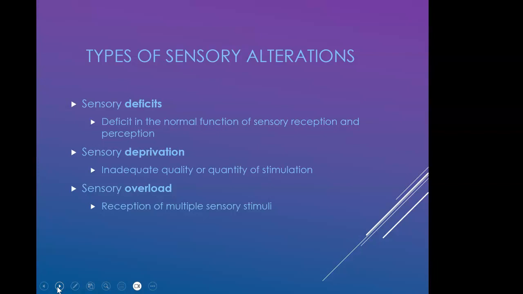So many factors influence the capacity to receive or perceive sensation. That includes developmental stage, how old somebody is, and whether or not a person may be autistic.